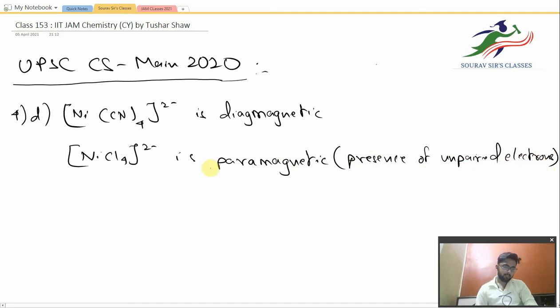We have to explain the observations and deduce the structure of these two complexes.